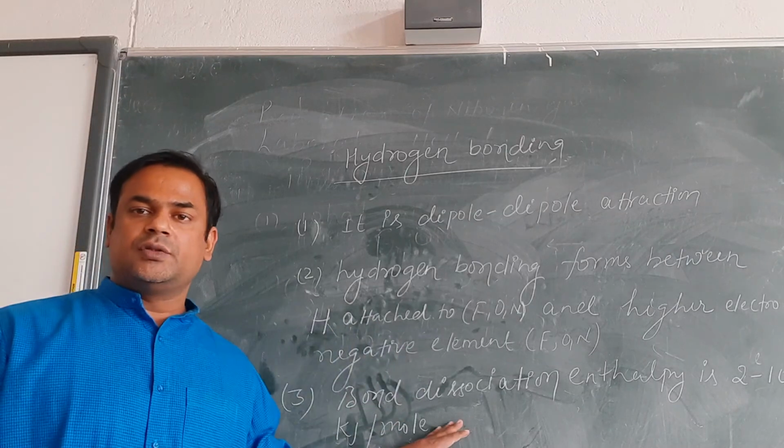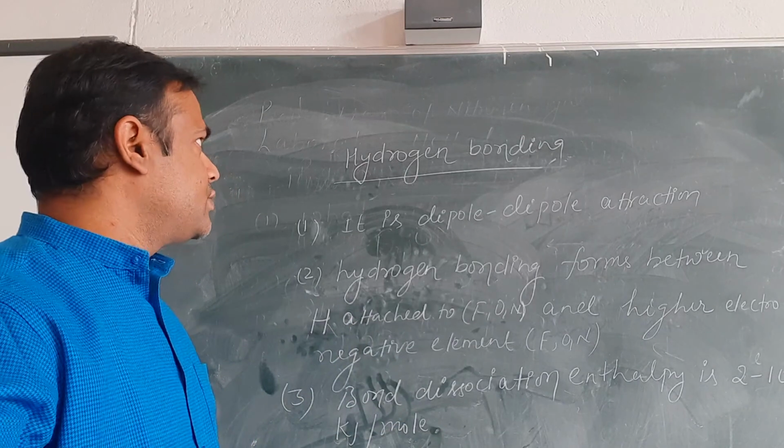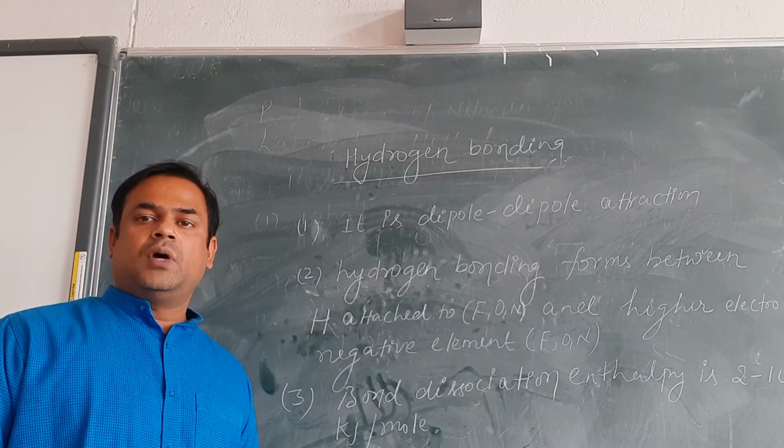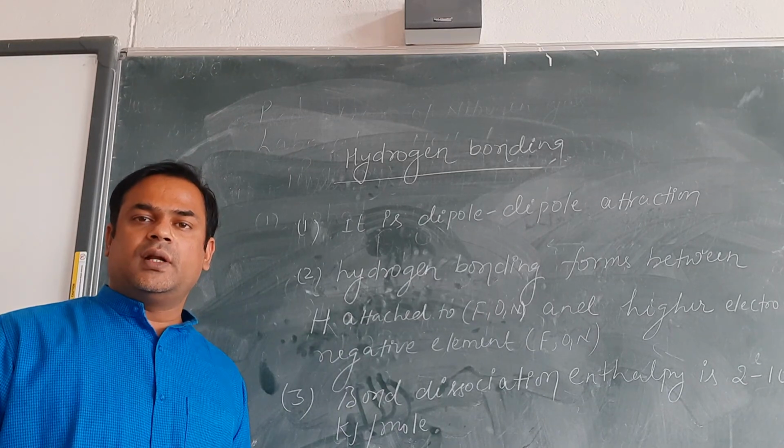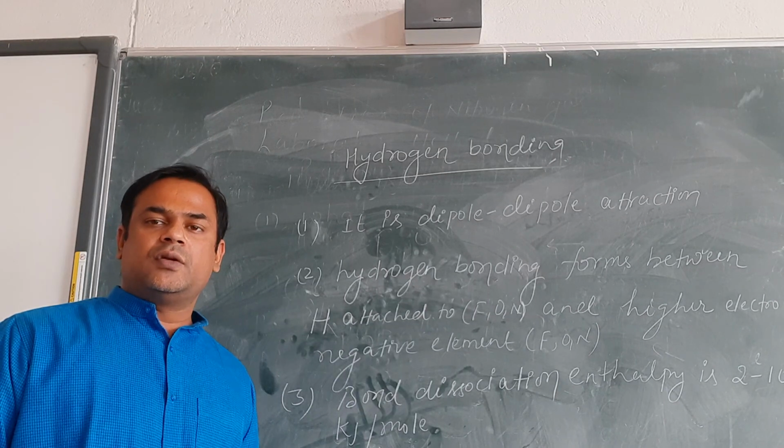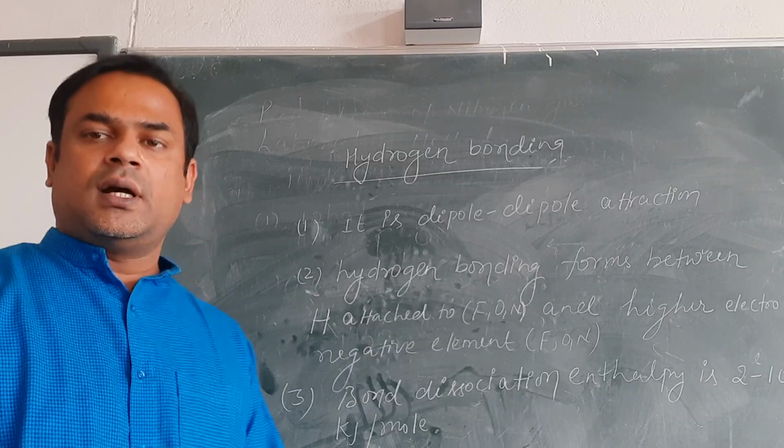So these are the properties of hydrogen bonding. There are two types of hydrogen bonding. One is called intermolecular hydrogen bonding, and the other is called intramolecular hydrogen bonding.